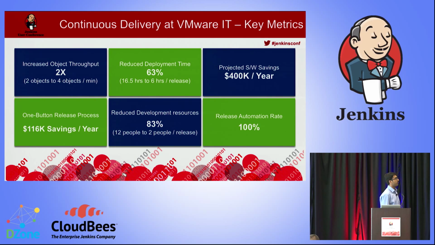So it could be measured in the form of throughput, and it has improved throughput by 2x, and of course the deployment time, by standardizing, leveraging the Codestream modeling interface, and bringing in a one-click button to execute those standardized releases. It has improved the deployment time by 63%, and of course, it also boils down to the cost associated with replacing the existing disparate tools, and the man hours required to perform the releases.